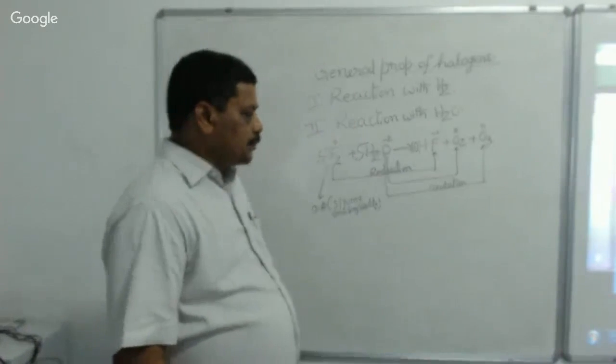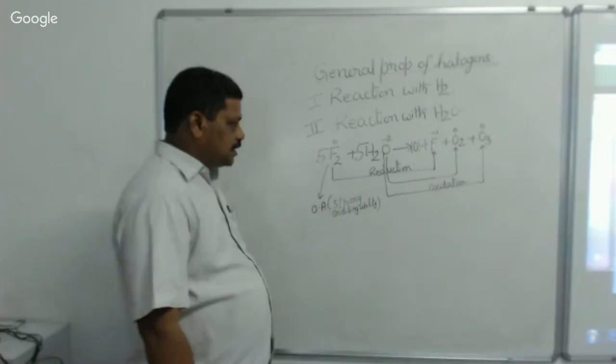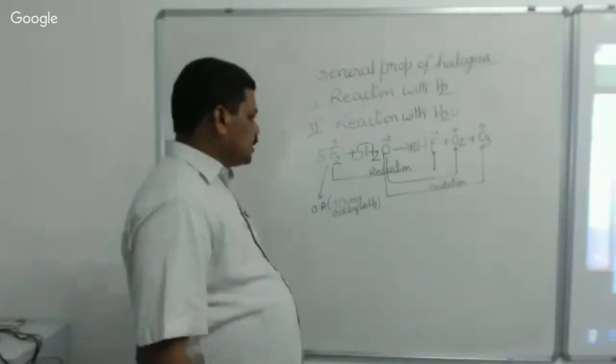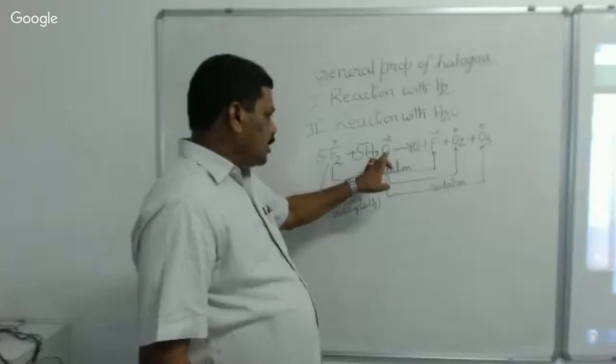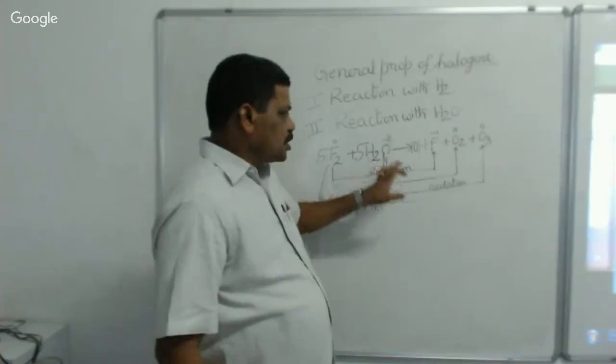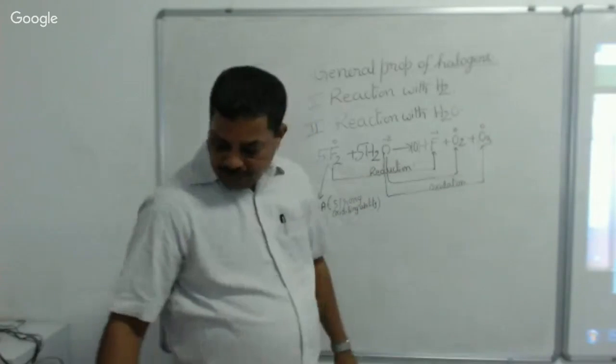So in this, chlorine is acting as an oxidizing agent. It oxidizes even oxygen from the -2 to 0 state.